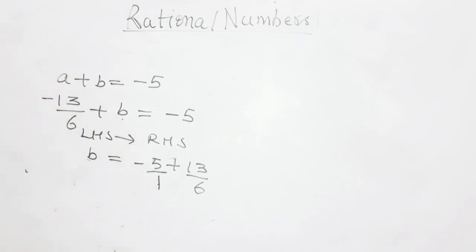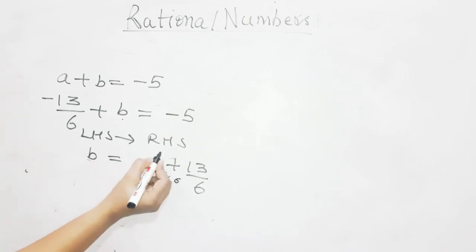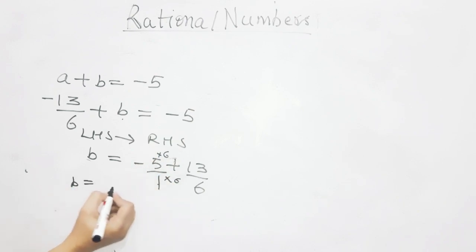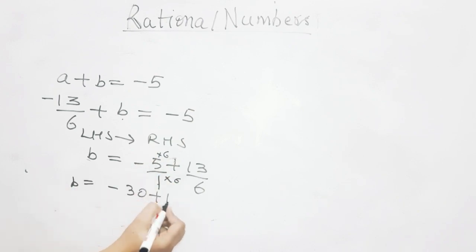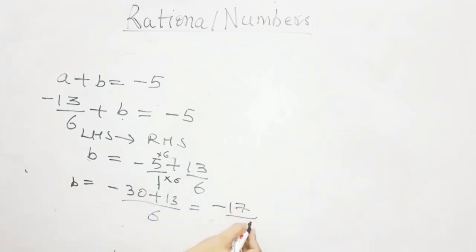So by default 1 will be considered if denominator is not given. Now what is the LCM of 1 and 6? The LCM of 1 and 6 is 6. So multiplying it by 6, the value of b will be minus 30 plus 13 upon 6. One negative, one positive, and the greatest number is having negative sign. That means the answer will be minus 17 upon 6. Right, students? So I think you must have understood.